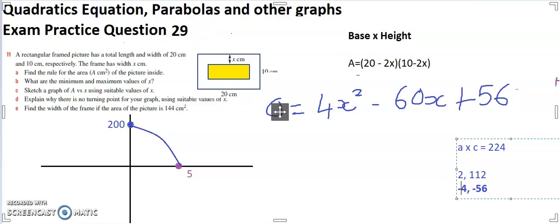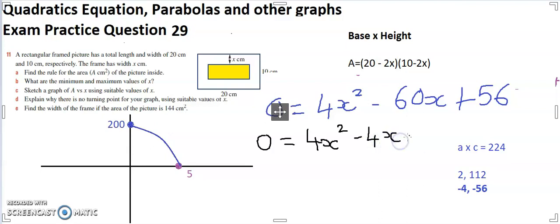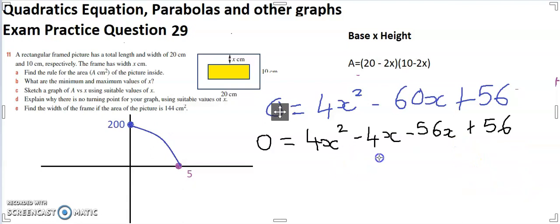So, based on that, I'm going to rewrite my equation. That means I've got 0 is equal to 4x squared minus 4x minus 56x plus 56. Now I'm going to factor my 4x squared minus 4x, because there's a factor of 4x on that side.